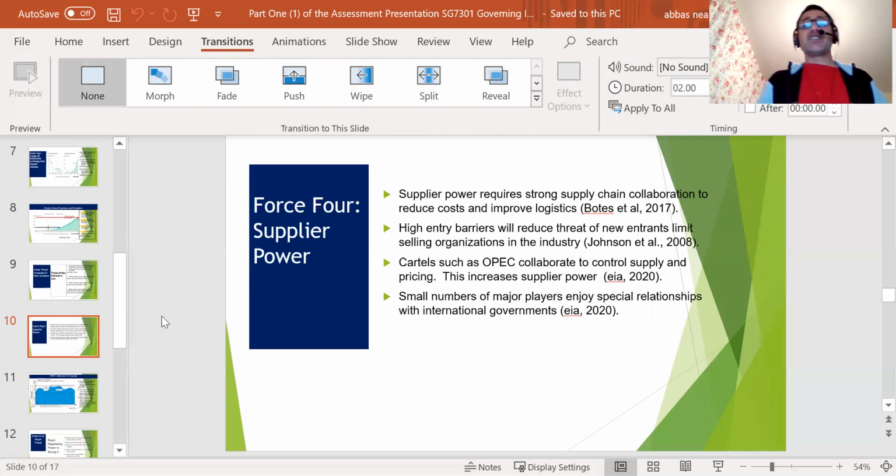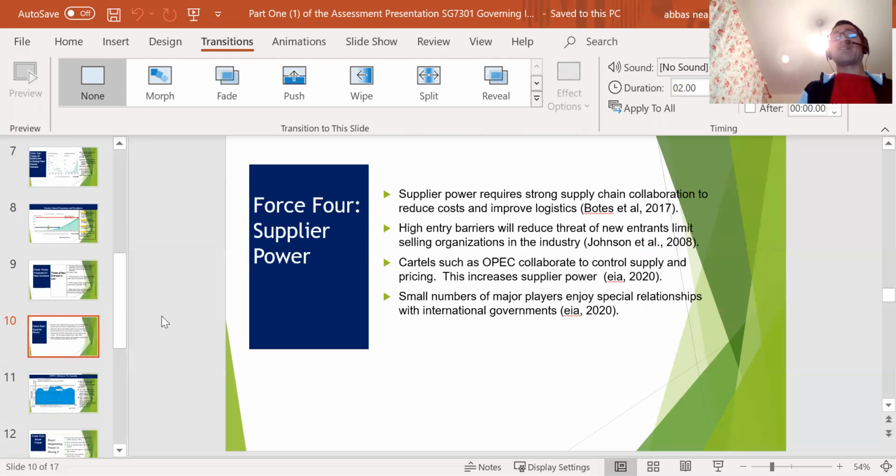It is not just enough to buy at a good price. The product must be delivered on time without disruption. High entry barriers will reduce the threat of new entrants into the industry, and this makes existing sellers more powerful.